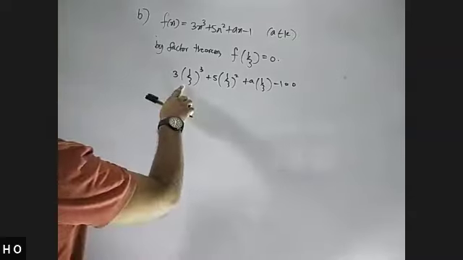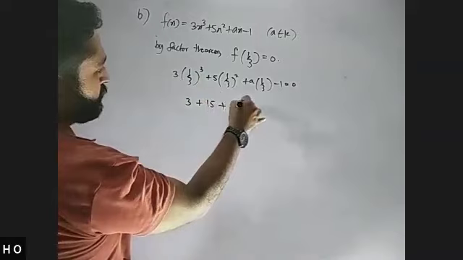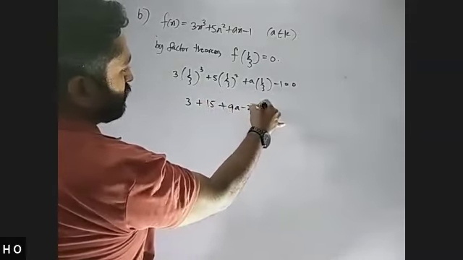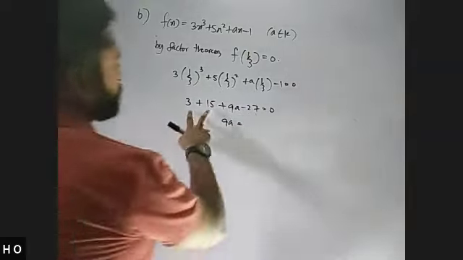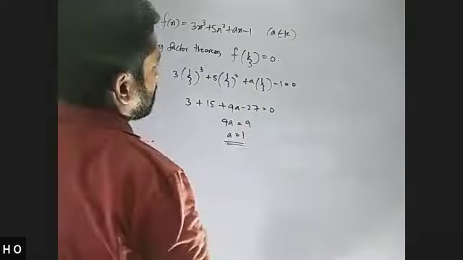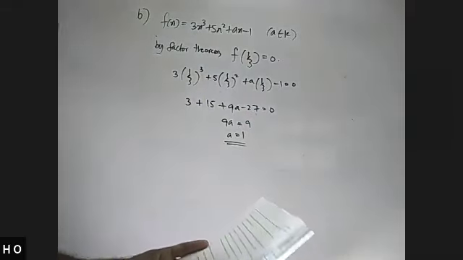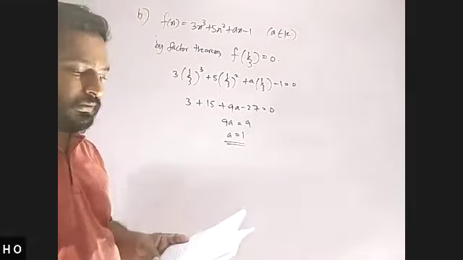Multiplied by 3 cubed: 3 plus 15 plus 9a minus 27 is 0. 18 minus 27 is minus 9, so 9a is 9. a is 1. So a is 1, find the value of a done.